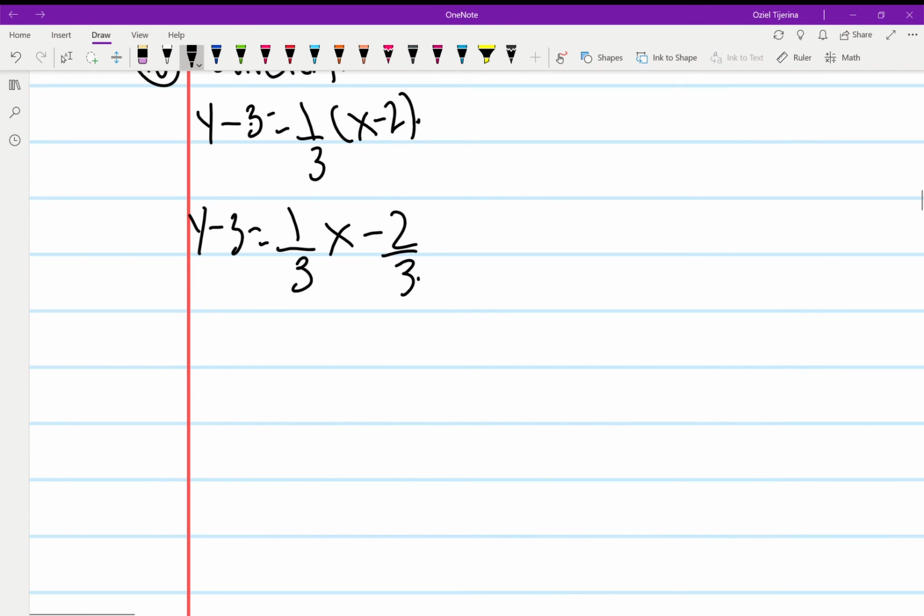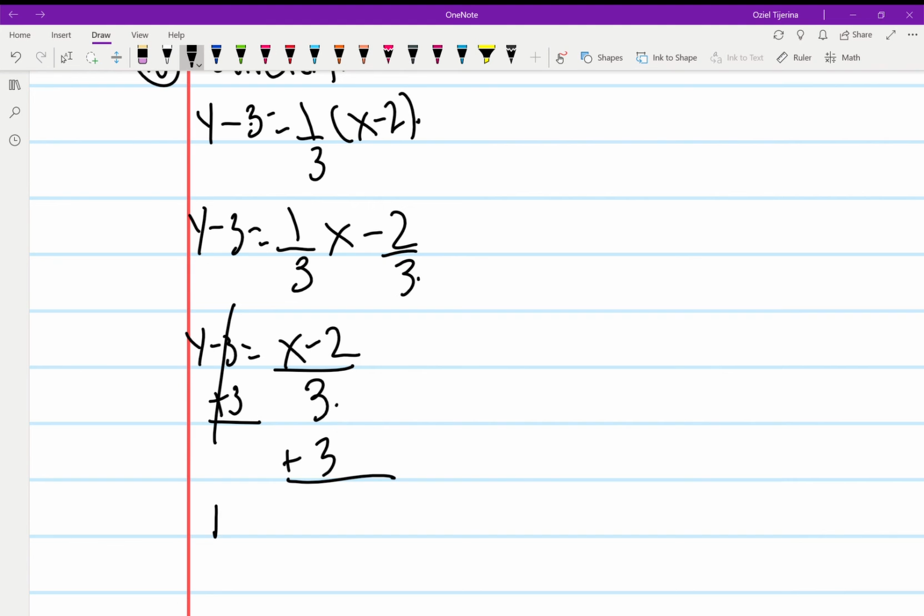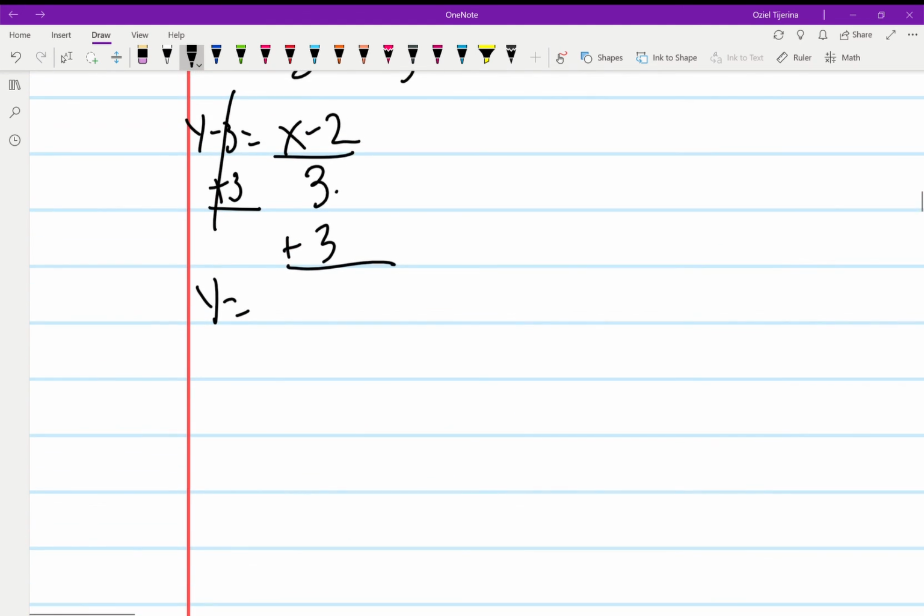So therefore we have y minus 3 equals (x minus 2) all over 3. Now we have to go ahead and add our 3 in. So this cancels out, and we get y equals (x minus 2) over 3 plus 3.